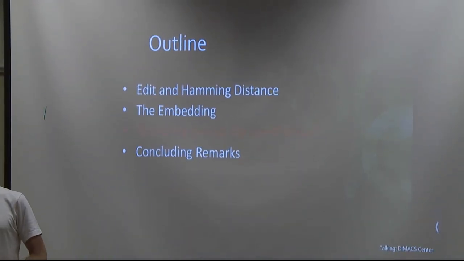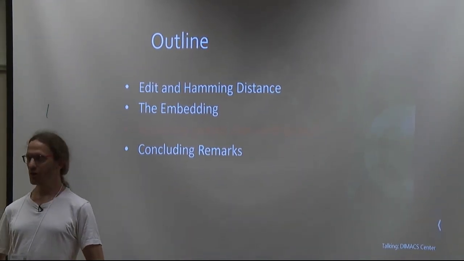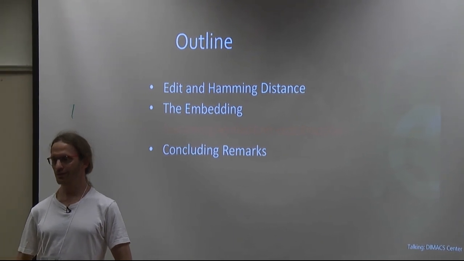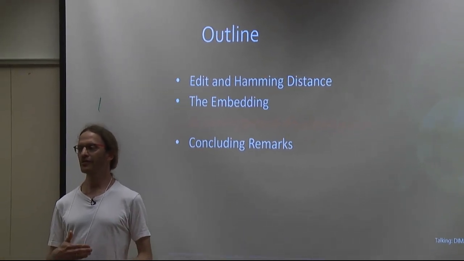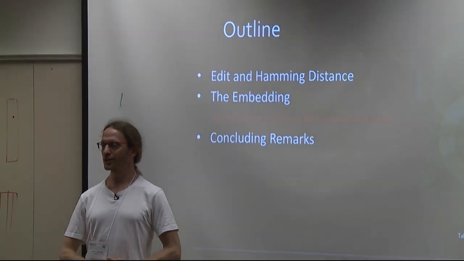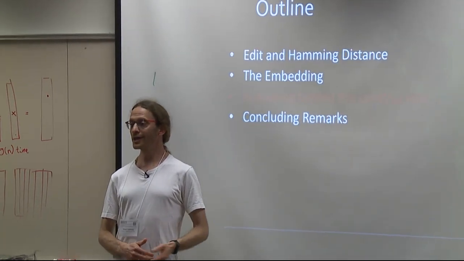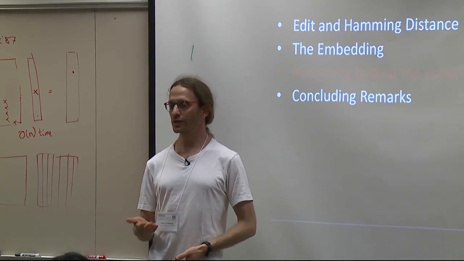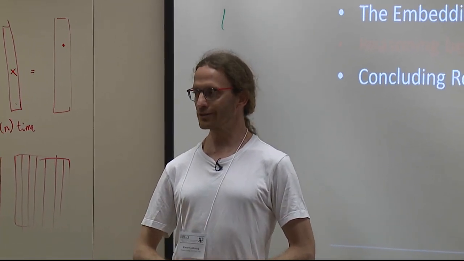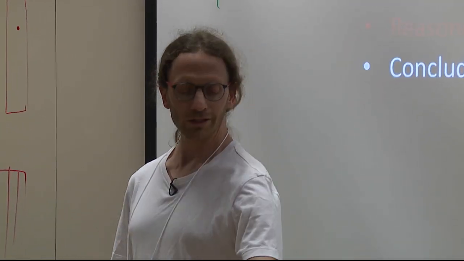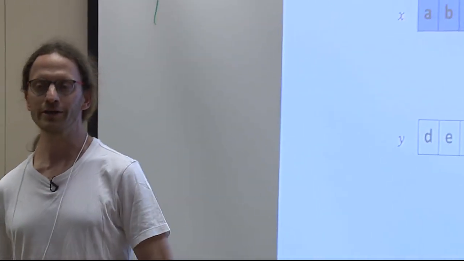Okay, so the embedding was very simple, I hope, but why does it work? Why is the edit distance of the original strings somehow related to the Hamming distance of the embedded strings? Let us first look at an example.